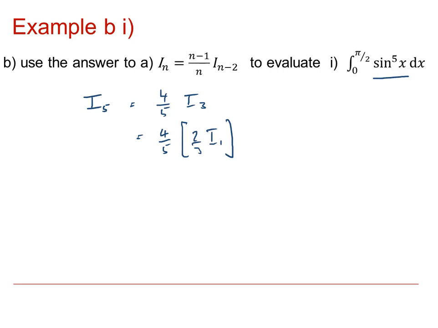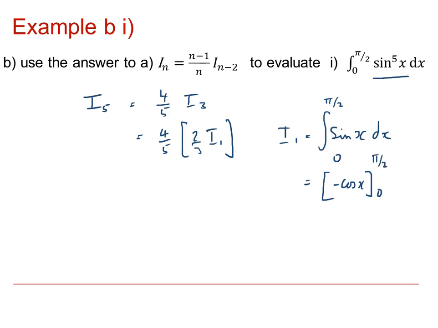But I1 is simply the integral of sine x, so sine to the power 1 of x dx, evaluated between 0 and pi by 2. The integral of sine is negative cos, so this is negative cos x, evaluated between 0 and pi by 2.